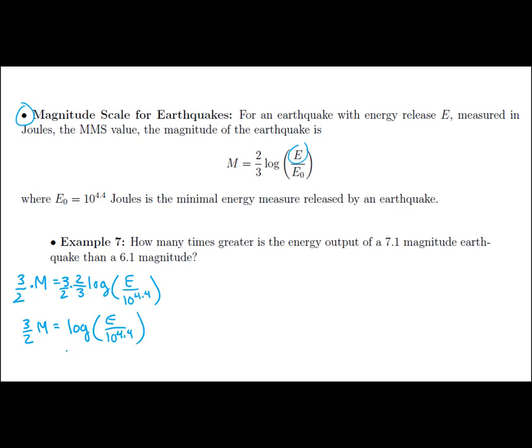Once that log is by itself, we remember that common log is just log base 10. So this turns into 10 to the 3/2 M, and that's equal to the energy over 10 to the 4.4.